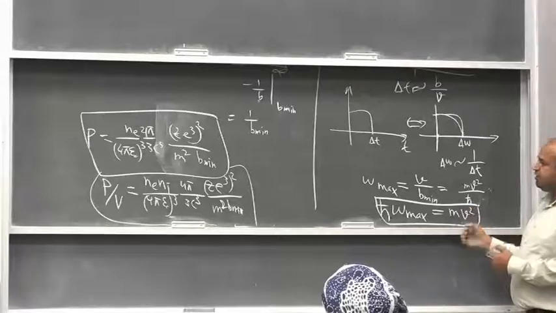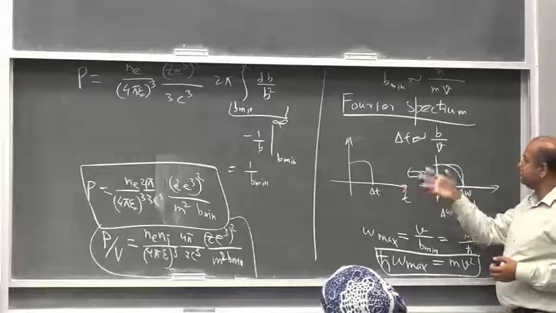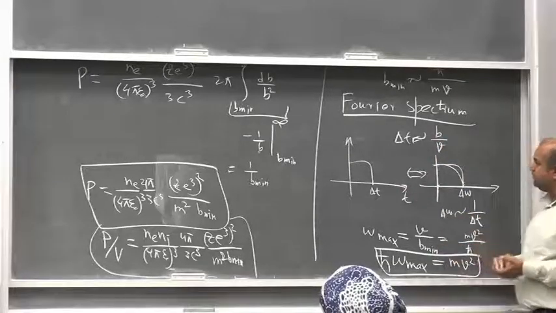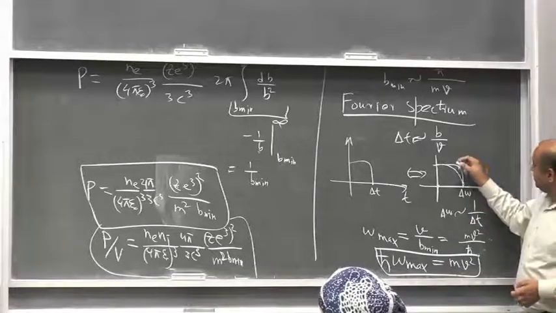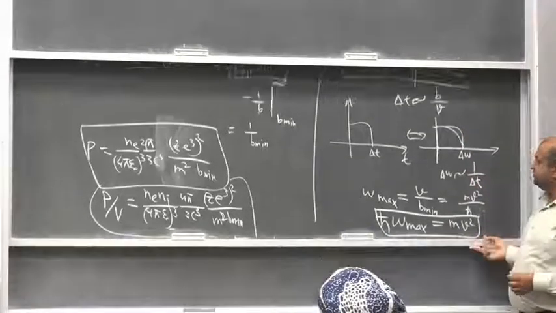और वो maximum भी हमें कब मिलेगी? When the particle passes closest to the nucleus, that the b is b minimum. So it means that the frequency spectrum can be approximated like this.